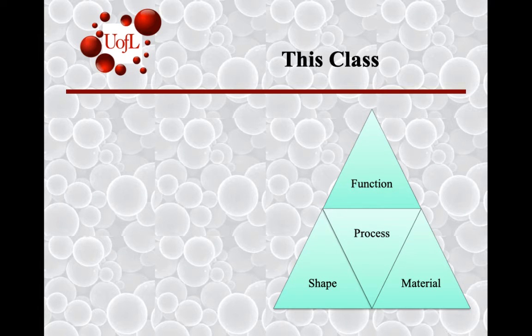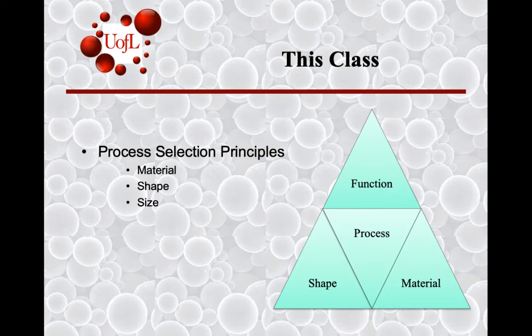There are certain materials that can only be converted to those shapes by a certain subset of those processes, and the combination of those allows us to deliver particular types of function for a design. So what are the process selection principles? How do we screen through options based on material compatibility, shape compatibility, size restrictions and constraints, precision constraints, and the quantity, the batch size, that can economically be manufactured?